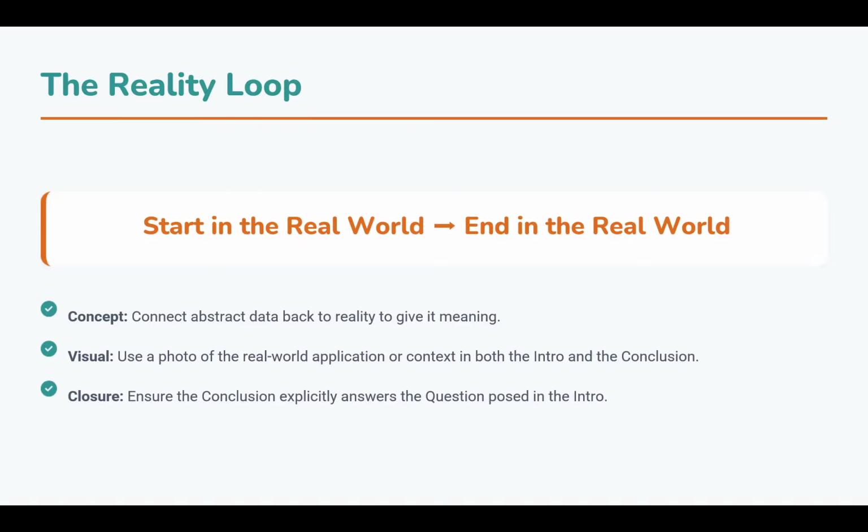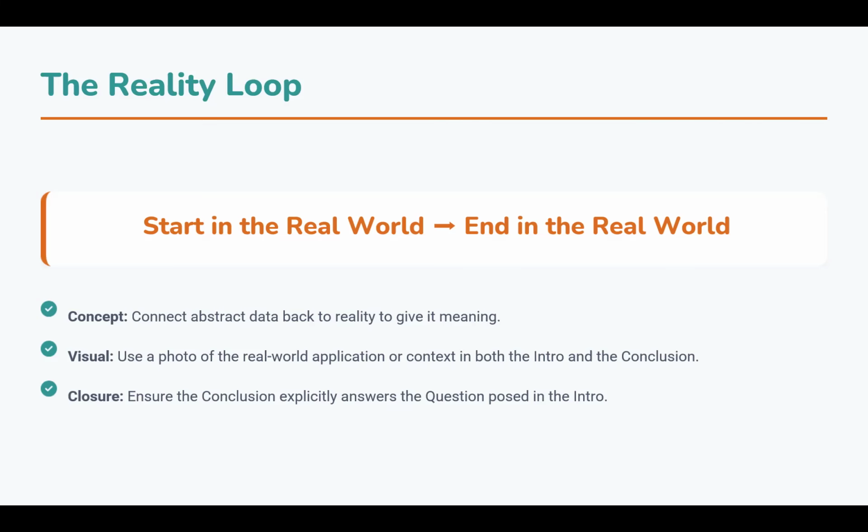Now, you start with something the real world understands, and in your narrative towards the middle, you bring data, and with those data, you come into the in-field discussion, and you refer them back to the real world at the end. This reality loop should be maintained.